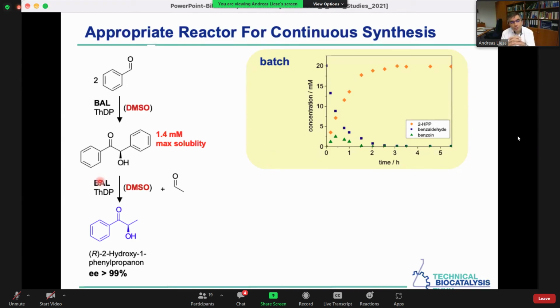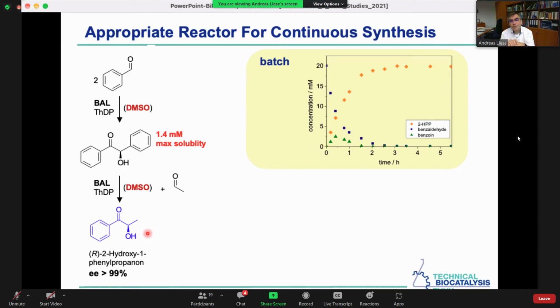The system is of interest because we can generate this with a very high ee of larger than 99%, and it's also a precursor for pharmaceuticals that are being produced on a large scale.